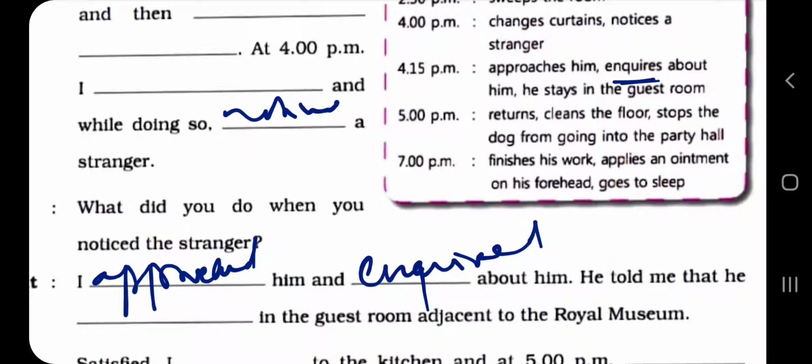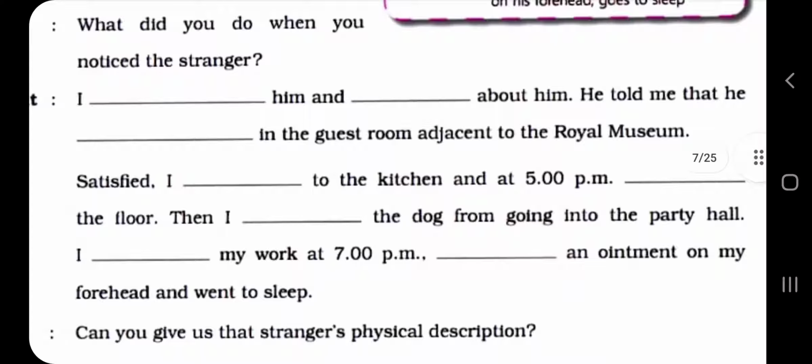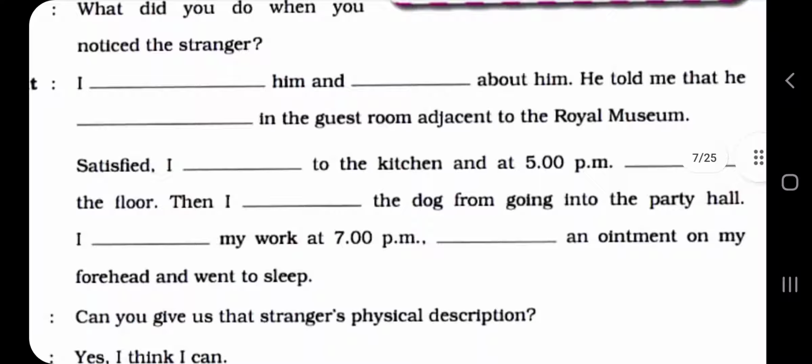He told me that he stayed in the guest room adjacent to the Royal Museum. See this sentence I am using. Satisfied. What is next? Please see this.